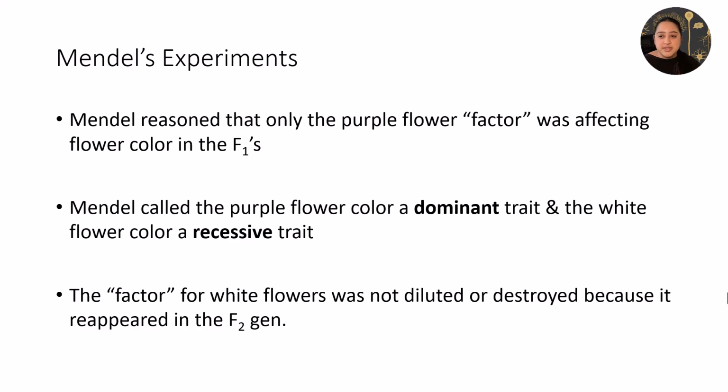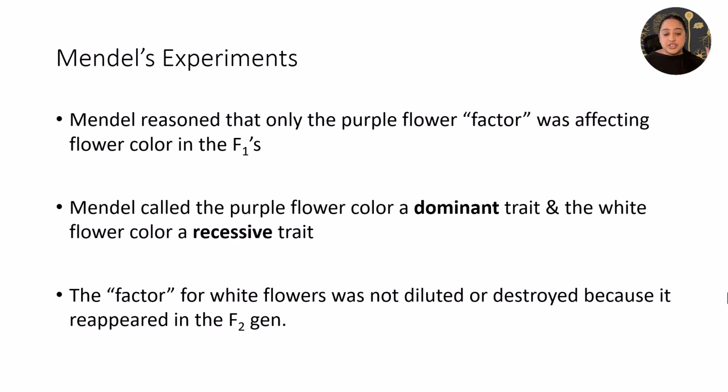The white was still there, but in that generation, only the purple factor, because he didn't know what else to call it at that time, was affecting flower color, but then it's different in the next one. So he called the purple flower color a dominant trait and the white flower color a recessive trait.